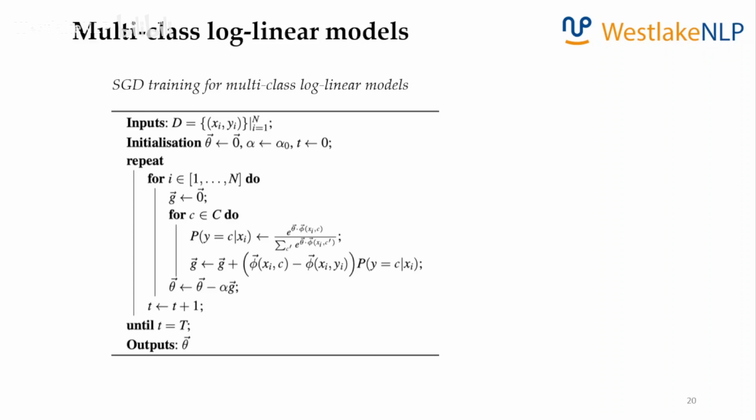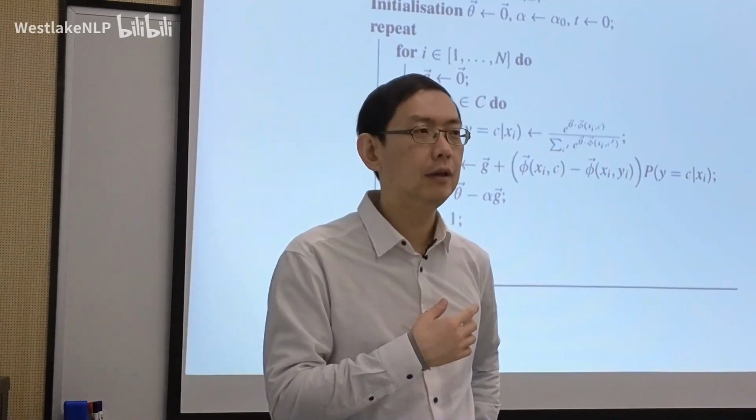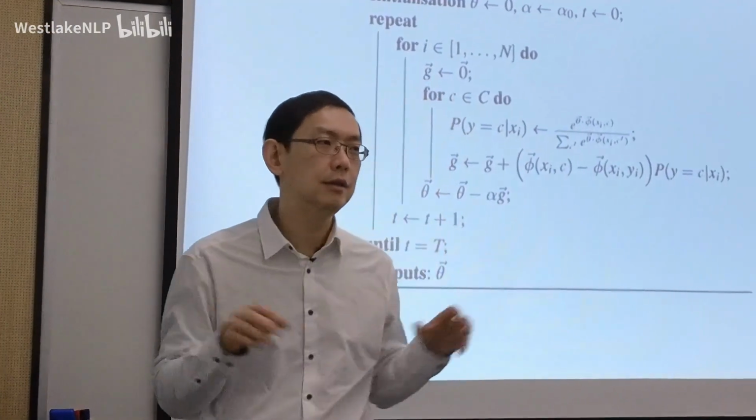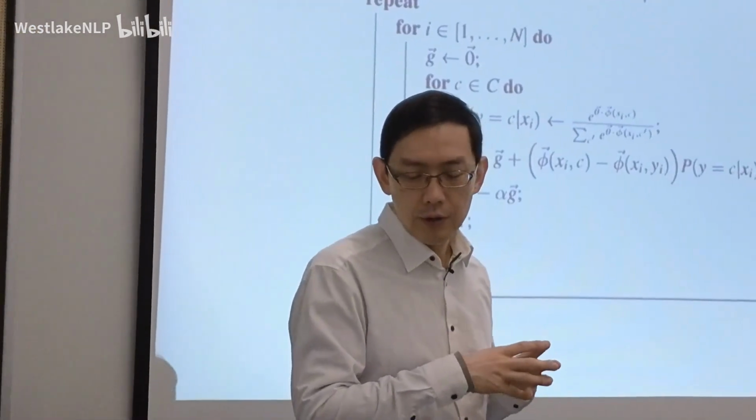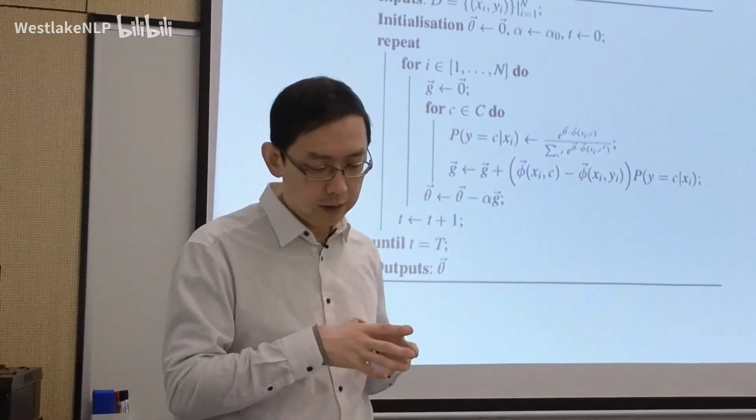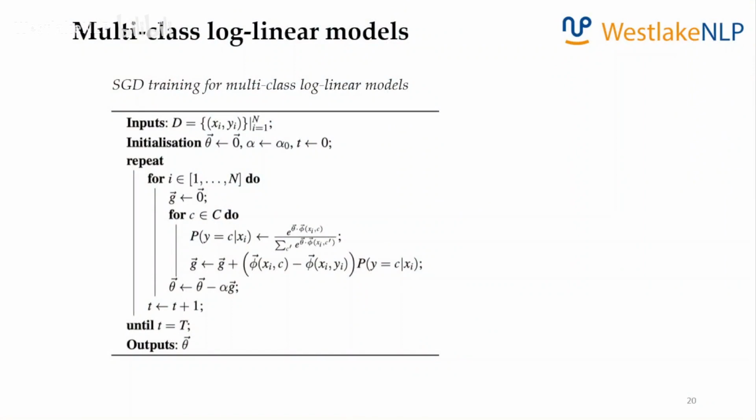You take the difference of these two feature vectors multiplied by the current class probability. This is your gradient. You multiply this gradient by step size. This alpha is also called learning rate. The step size is also called learning rate. So you multiply this gradient with the learning rate, and you update your model and you go to the next training instance. Iterate through all the training instances multiple times, and you finish training.